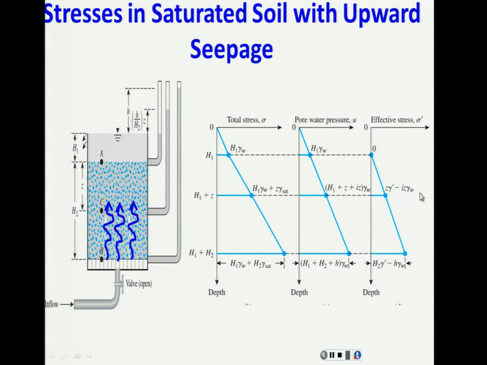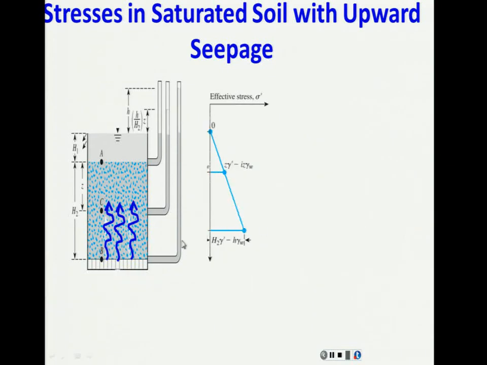If this is 0 and you solve for the critical hydraulic gradient, what you're getting is gamma submerged of the soil divided by gamma of the water. And that's the one that you have to have at least a factor of safety of 4, 5, 6 against, that critical hydraulic gradient at the exit. That happens when you have, this is what I was just explaining to you right now.